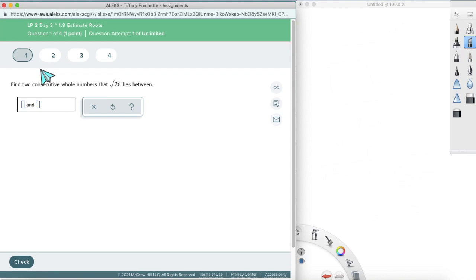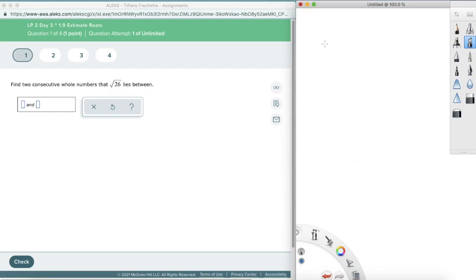Okay, so let's go ahead and estimate some roots. We're going to find 2 consecutive whole numbers that the square root of 26 lies between. What we want to do on this one, and this is what we would do on our notes pages from class, is we want to know, what are the squares for our whole numbers?